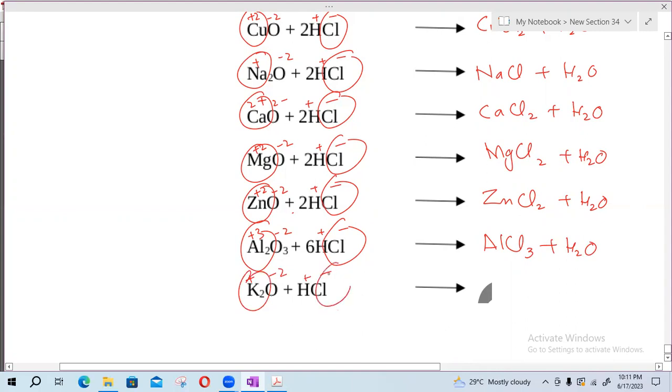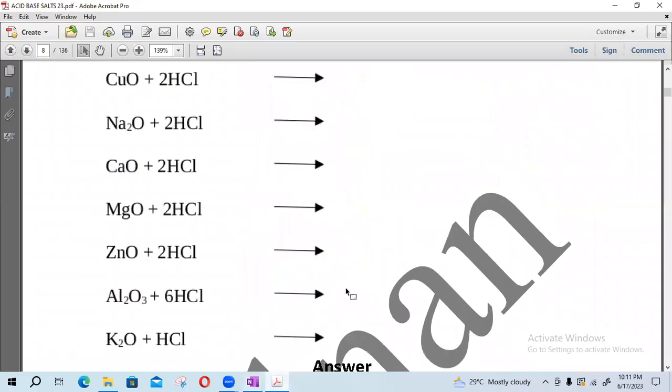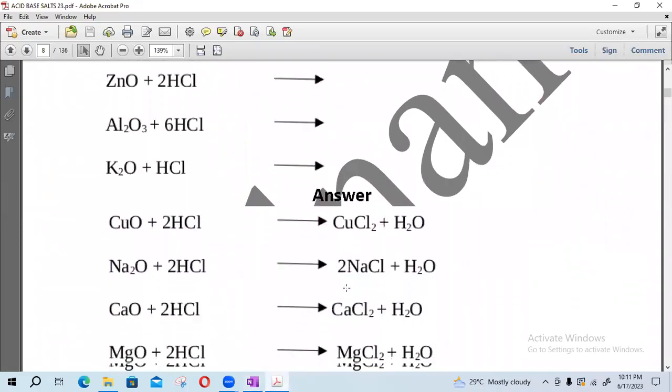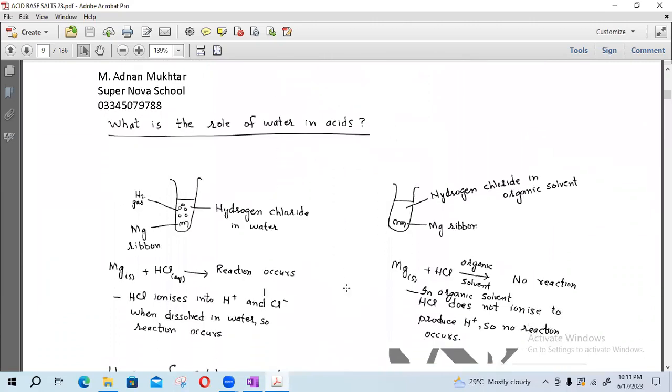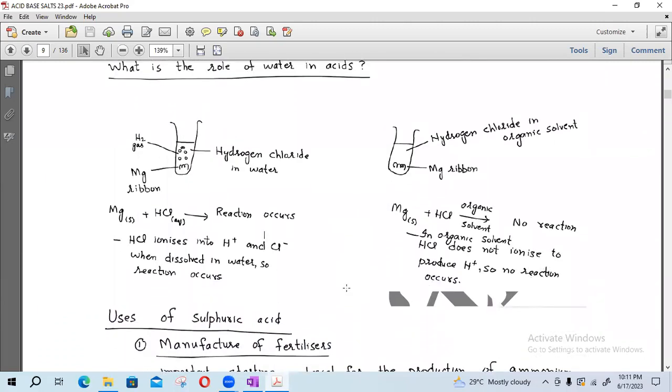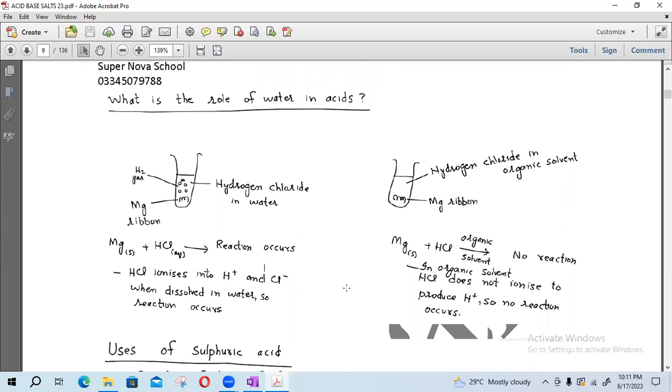Its positive will combine with its negative and will form KCl, and H positive will combine with hydroxyl negative and form H2O as a product. So these were the properties of acid.